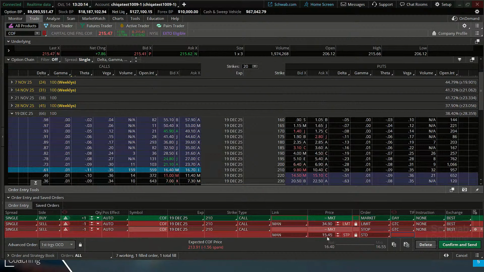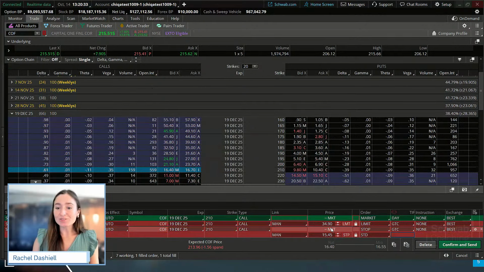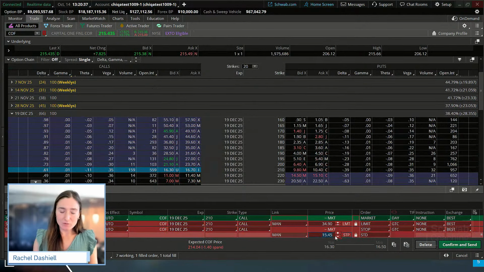I'm also going to place a stop on the downside of my option. In this case, stops are one way that you can manage risk on your trade. We're going to use a stop market order. Now, there's no guarantee where this order is going to get filled, but we're going to say we are willing to take just a 50% loss on the option.